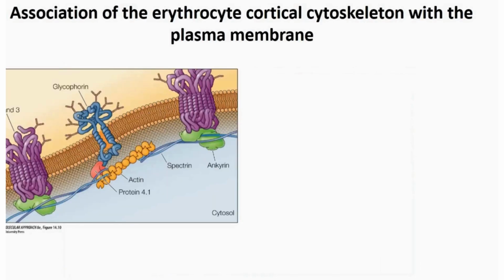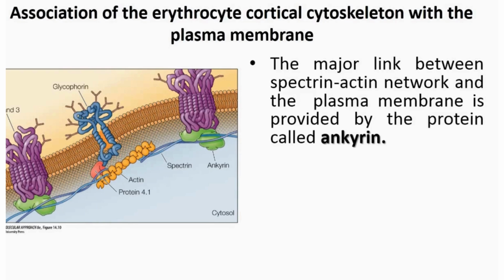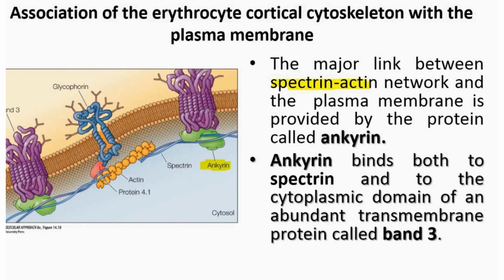The major link between the spectrin-actin network and the plasma membrane is provided by the protein ankyrin.